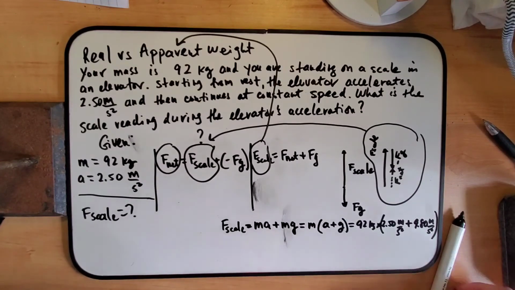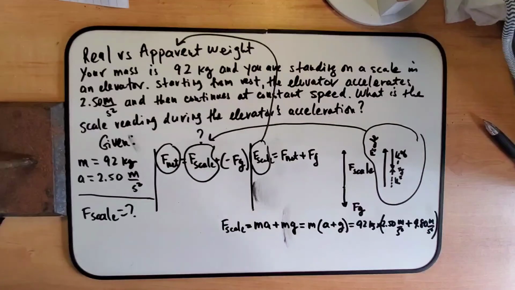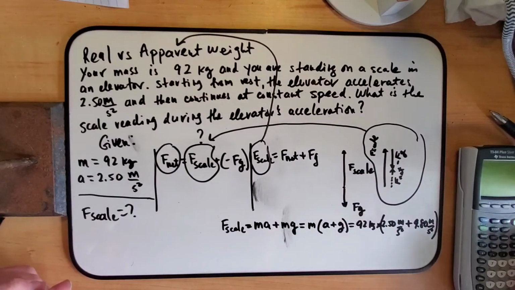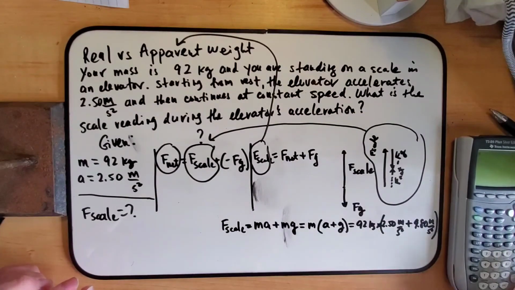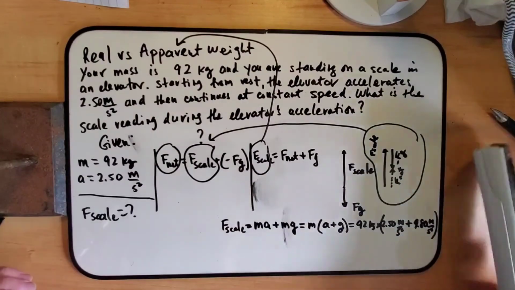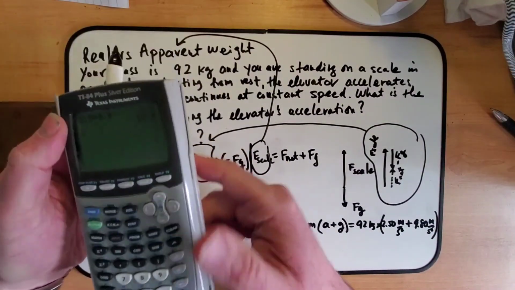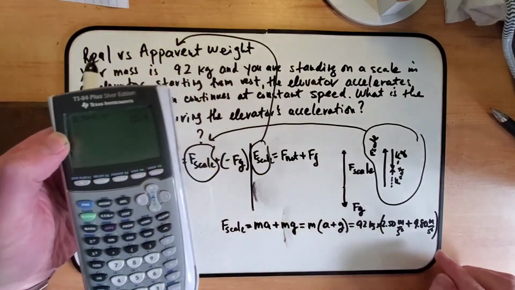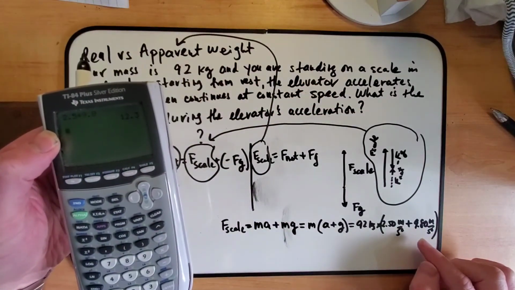Okay, and again, always do the mathematical operation in the parentheses first. So I got 2.5 plus 9.8, and remember, when we add, we always have to round off using the precision rule.